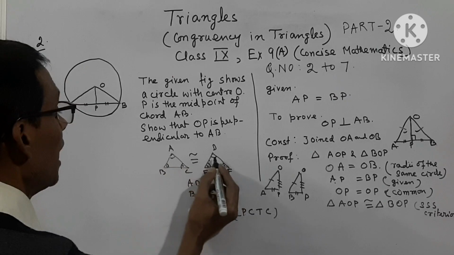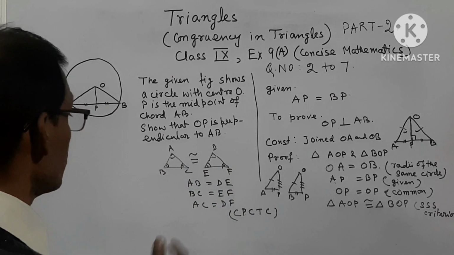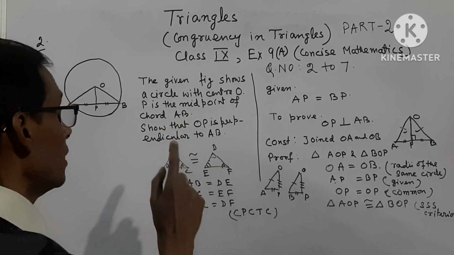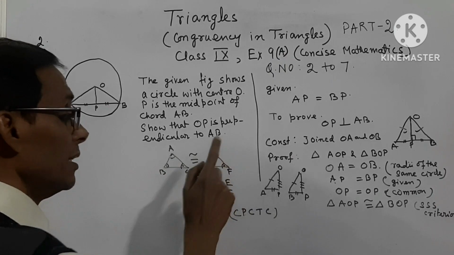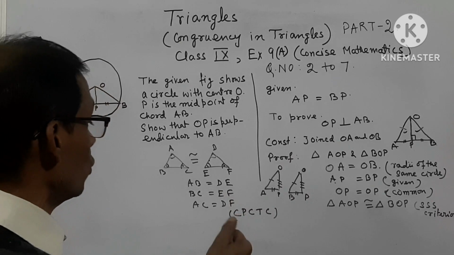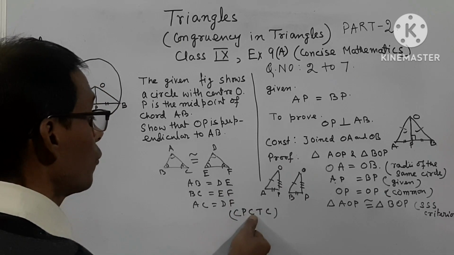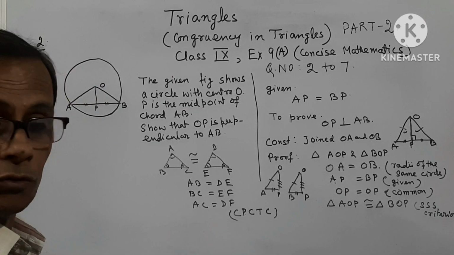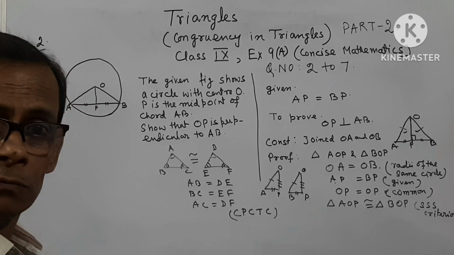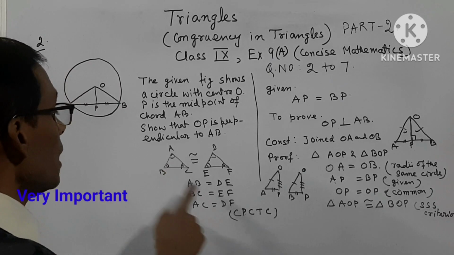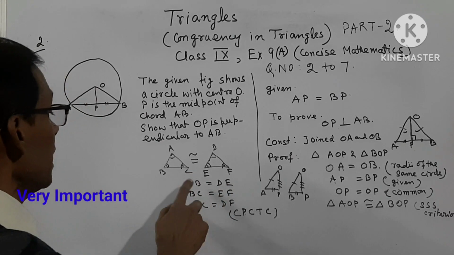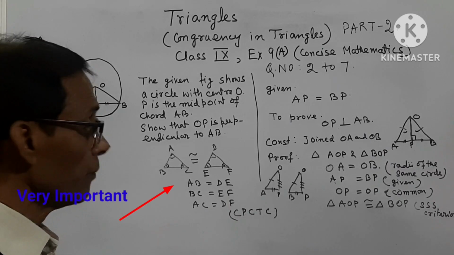See, this angle and this angle, corresponding angles, and if these two triangles are congruent, that means angle A equal to angle D, we can say by CPCTC, because there is a rule that corresponding parts of congruent triangles are also congruent. Congruent means, in every aspect they are equal. So AB equal to DE means AB and DE are congruent.